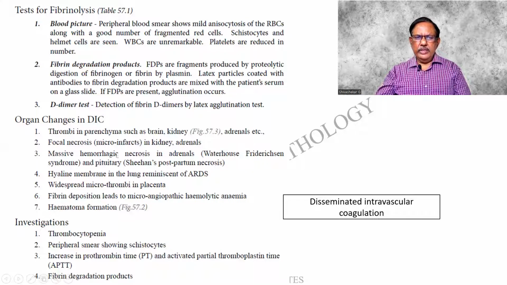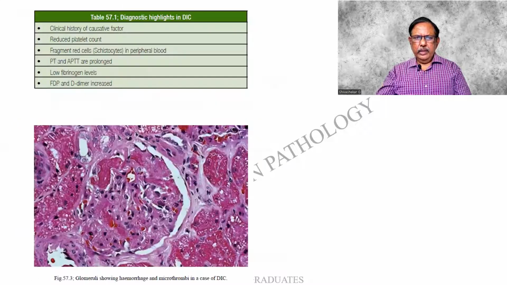And what are the organ changes? I find that there will be multiple thrombi and then there will be infarct, as a result of which there will be necrosis in the organs. Investigations I had mentioned. So what you people should see will be all these things. So a classical, a good diagram is over here.